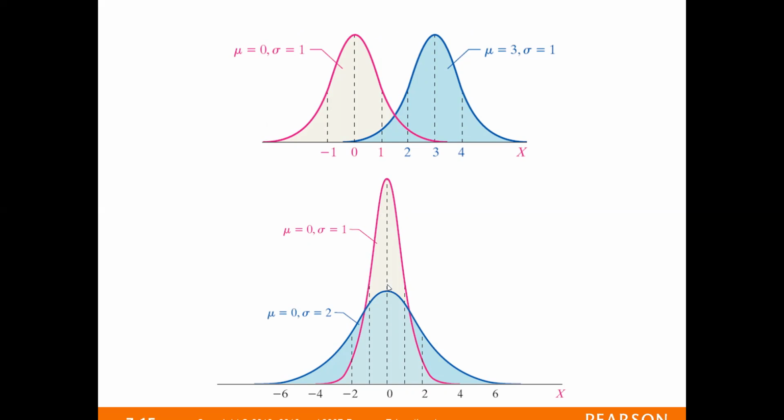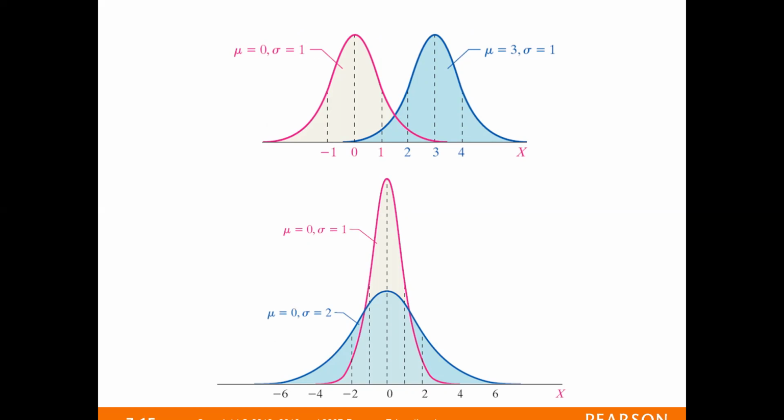However, if we look at this other example, they both have a mean of 0, so they're both centered around 0, but they have different step sizes. This one has a standard deviation of 1, and this one has a standard deviation of 2.